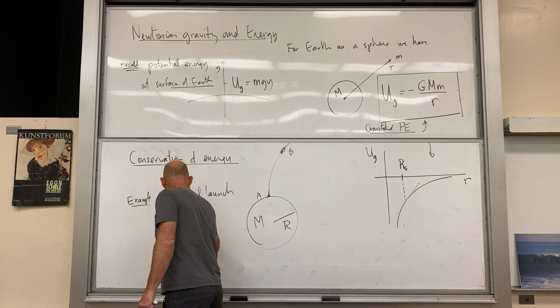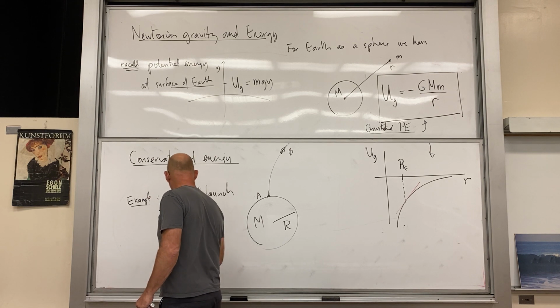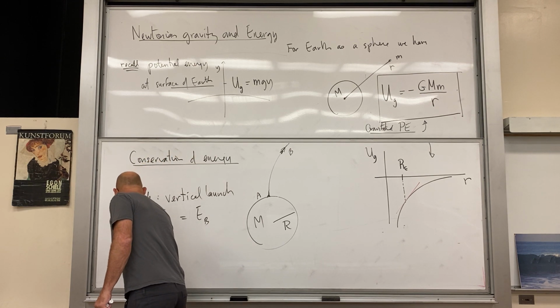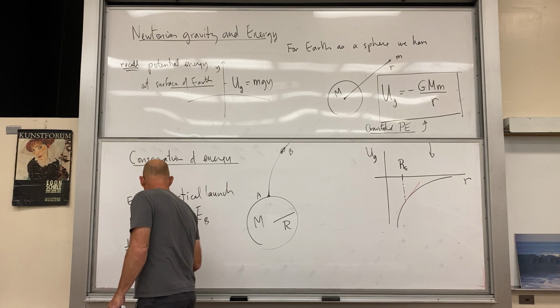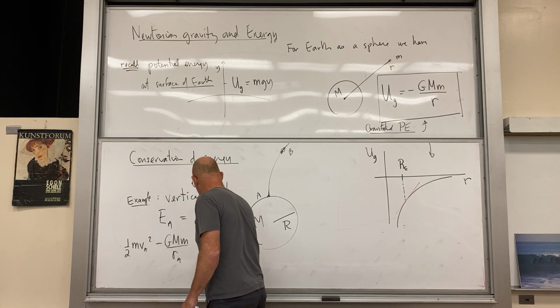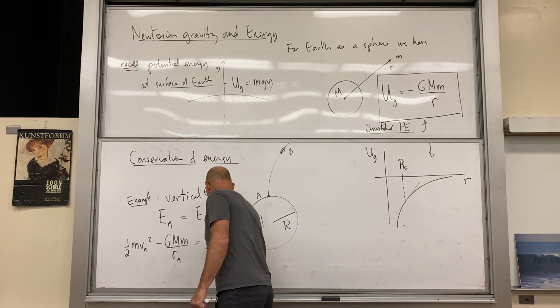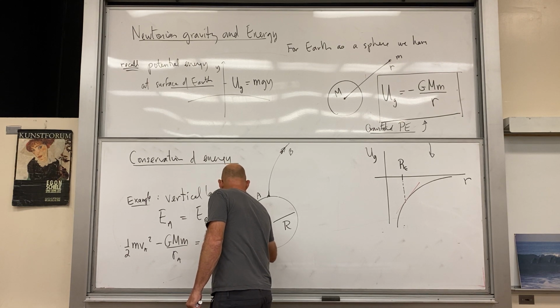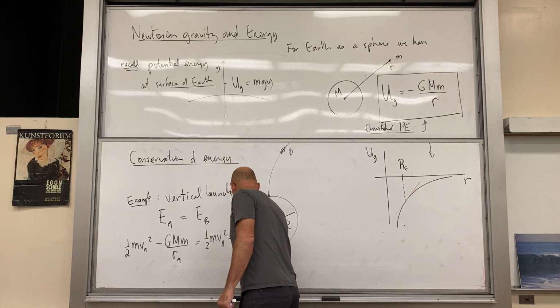Energy at A is equal to energy at B. 1/2 m v sub A squared minus G M m over r sub A is equal to 1/2 m v sub B squared minus G M m over r sub B.